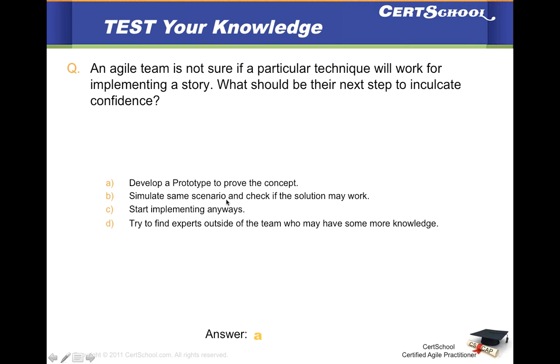Simulating the same scenario and checking if the solution may work is kind of vague. The solution may work, may not work. C is start implementing anyways, which is clearly wrong. D, try to find experts outside the team who may have some more knowledge, is also kind of vague. They may have knowledge, they may not.